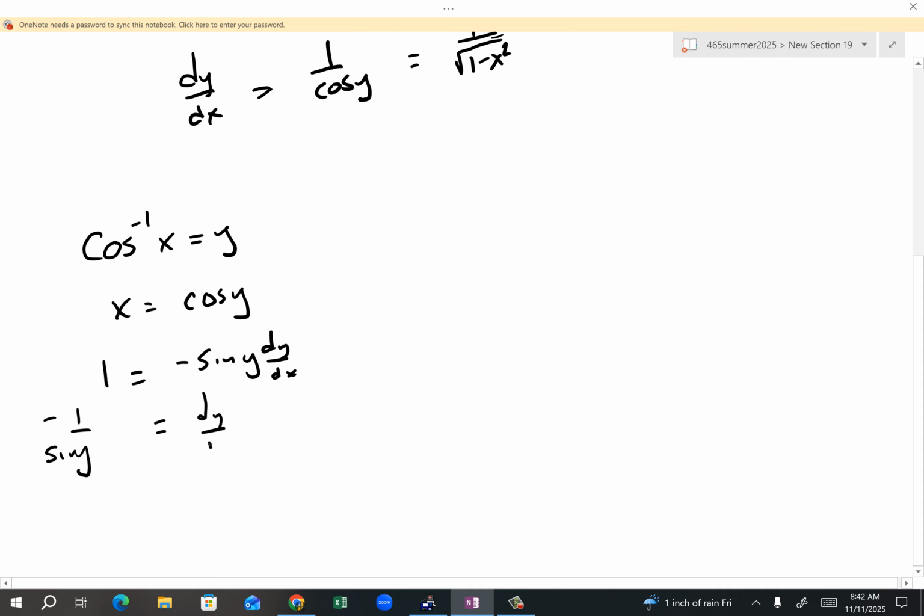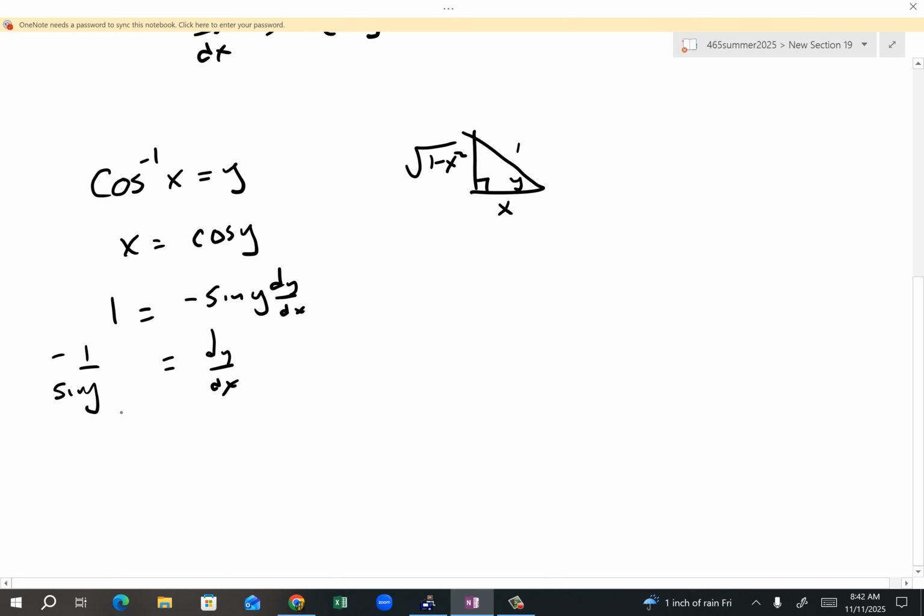Similar triangle, obviously somewhat different. x over 1, square root of 1 minus x squared is on this side this time, and so it ends up being negative 1 over this fellow right here, which probably doesn't shock you because it's like the negative of what I just had, and the derivative of cosine is negative sine, so that makes sense.